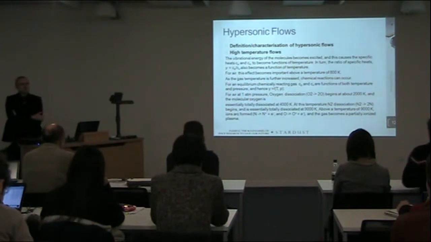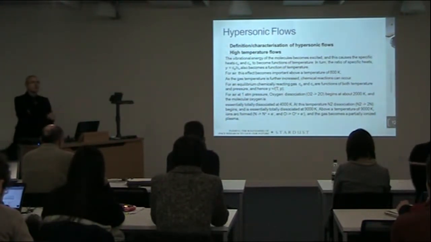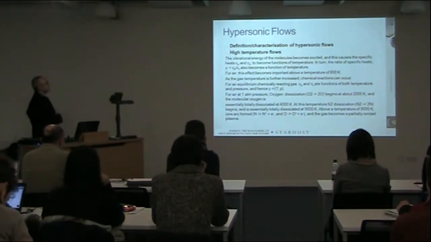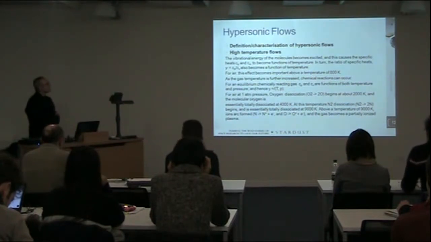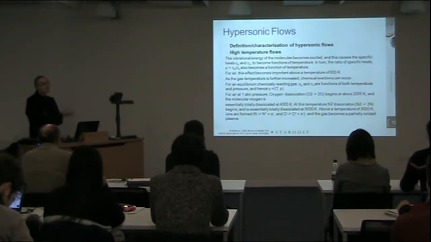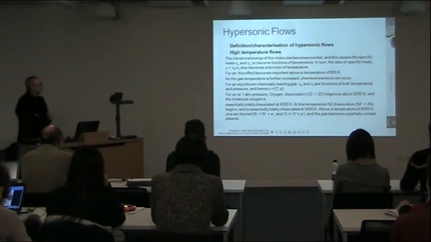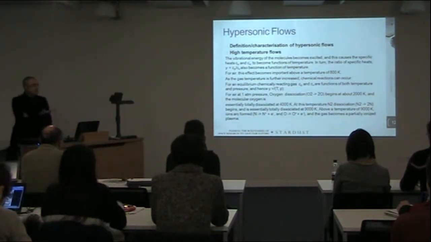Then, of course, there are problems and effects due to the high temperature, which are due to the viscous effect that we saw before, and this is related to the chemical characteristics and chemical composition of the air, because we are moving in the air.